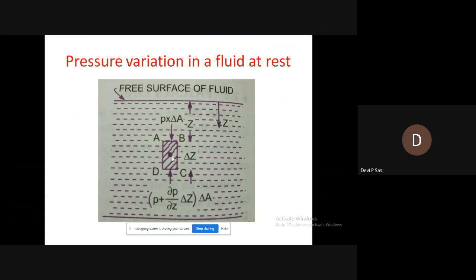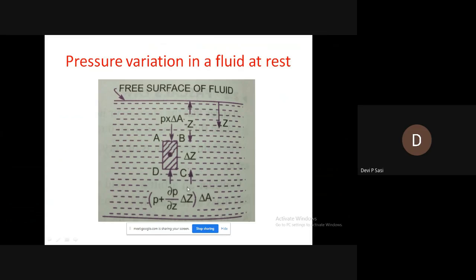Next, we consider the pressure on face CD. There, the pressure is p plus dou p by dou Z into delta Z. So, firstly we considered the force on AB. Next, we consider the force on CD.